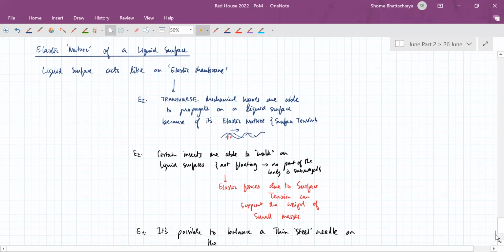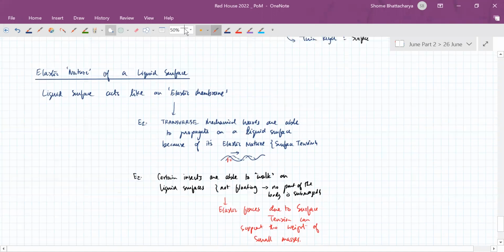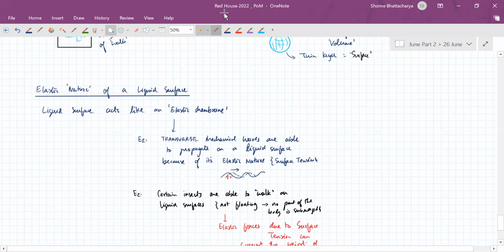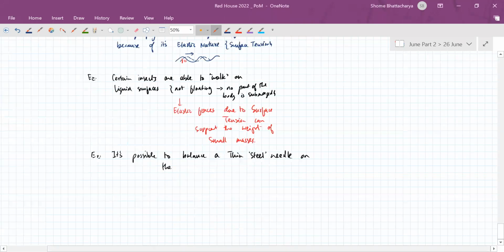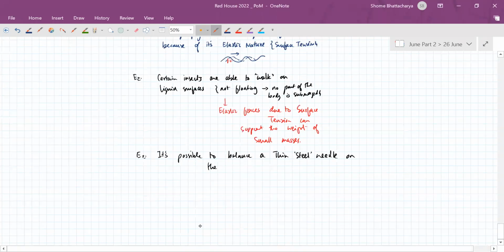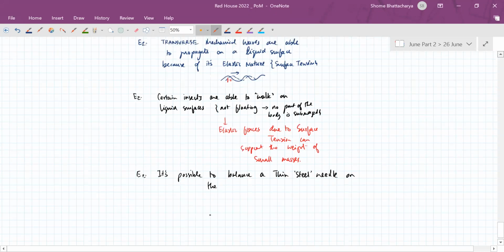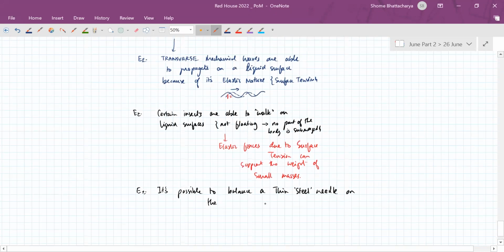It will be very difficult, but if you mix some soap solution or liquid detergent with the water, you'll be able to do this. It's possible to balance a thin steel needle on the surface of soap solution or detergent mixed in water.